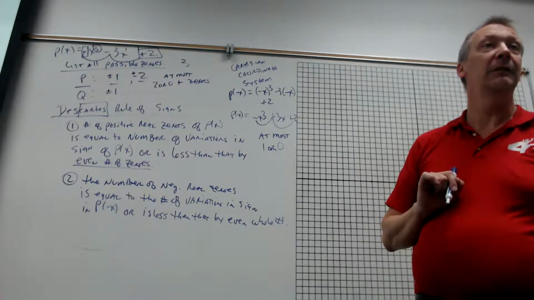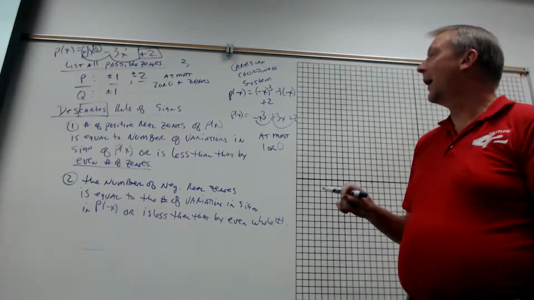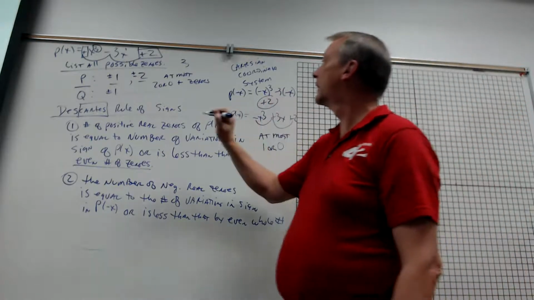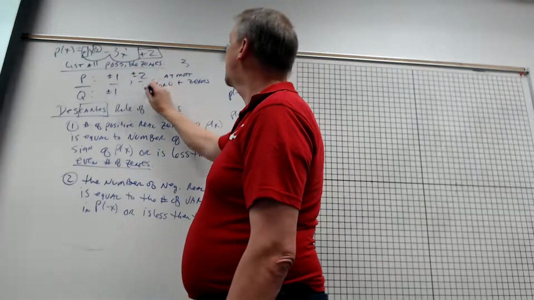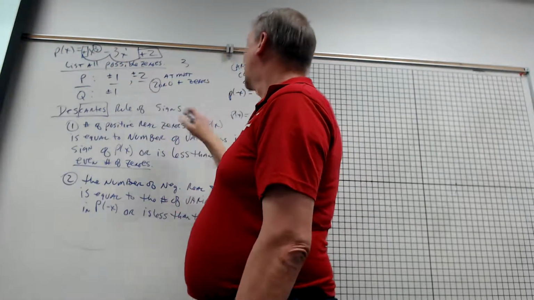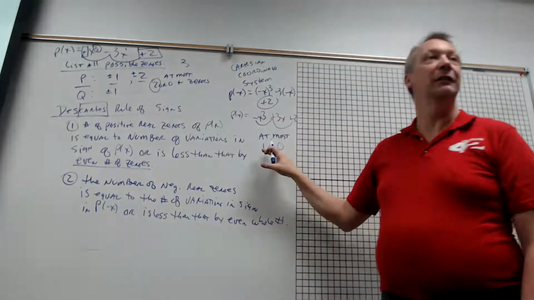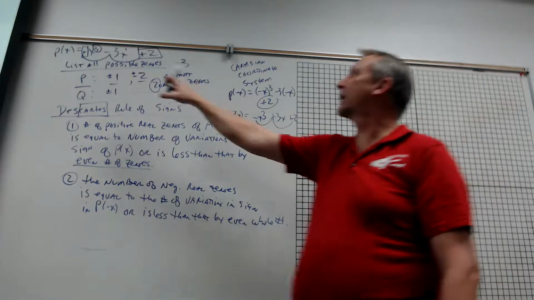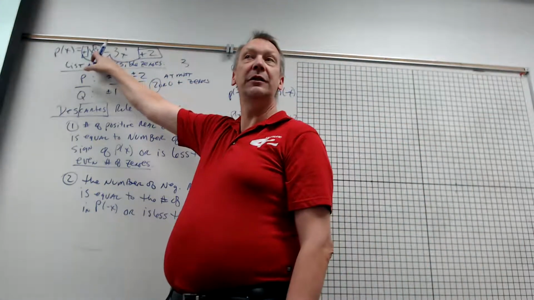Does that make sense? Now I could have told you that if I'm going to have at most 2 here, and I've got 3, I'm going to have at least 1 negative. Does that make sense? Because I've only got 3 possible real zeros.